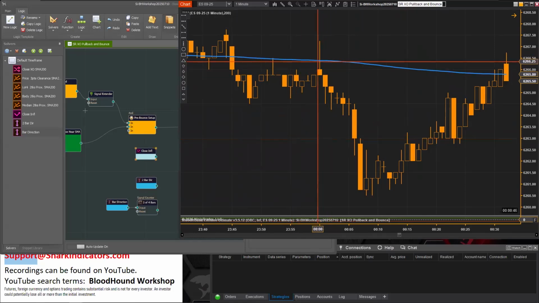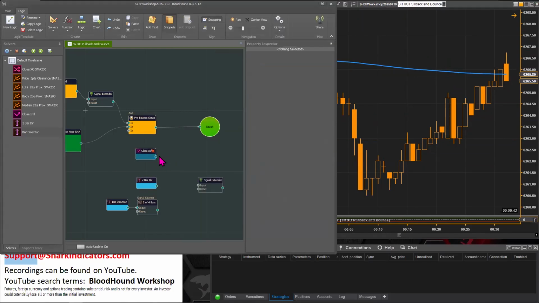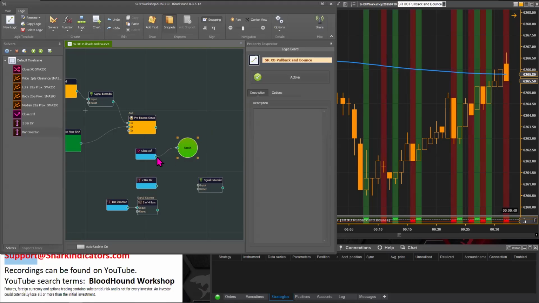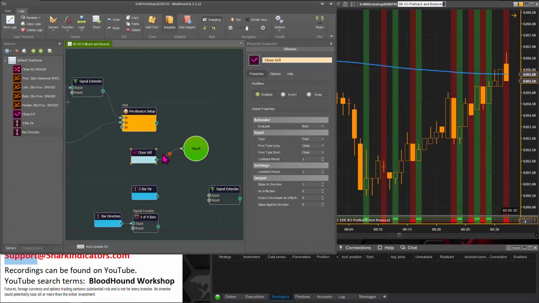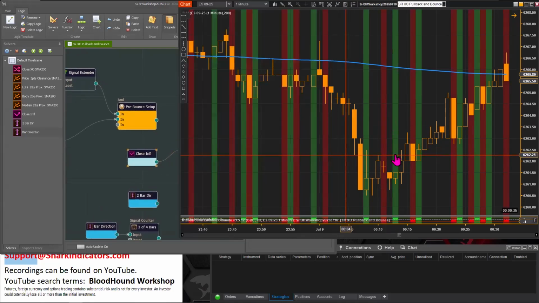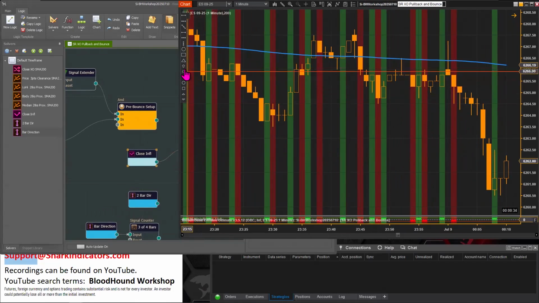Yeah, let's go back here where let me connect in our inflection solver here, and let's focus in on this bar here, right? So with this bar, I think the upper body is more than 2 ticks.